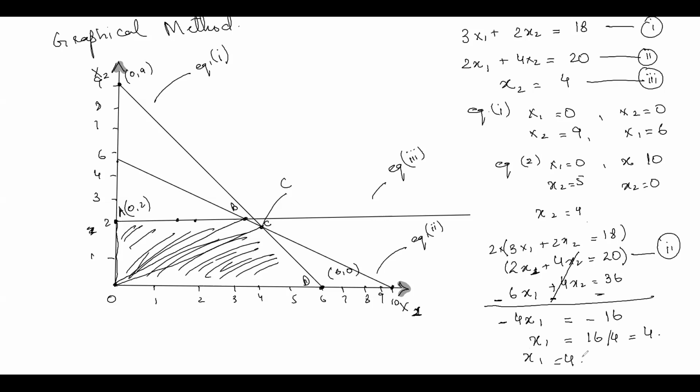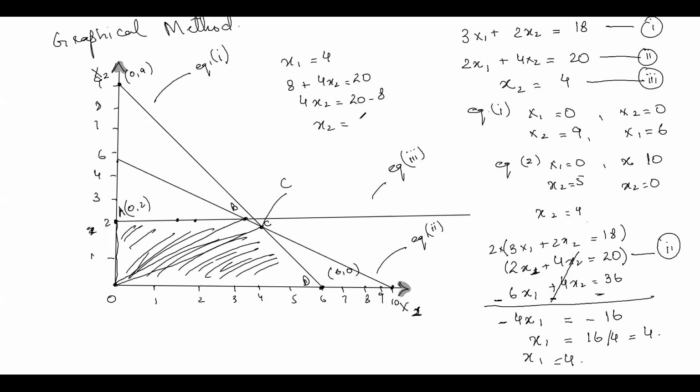When x1 is 4, we can put this 4 in any of the first two equations. So I'm putting x1 equals 4 in the first one. So I will get 8 plus 4x2 equals 20. 4x2 equals 20 minus 8.